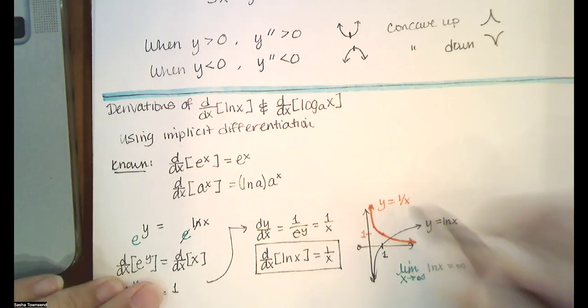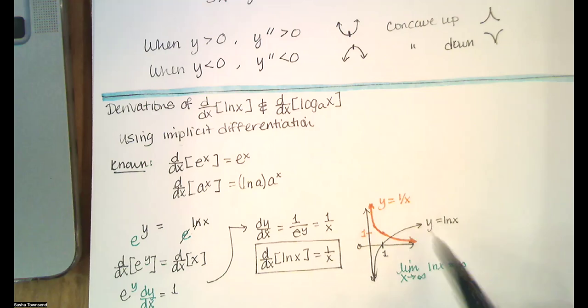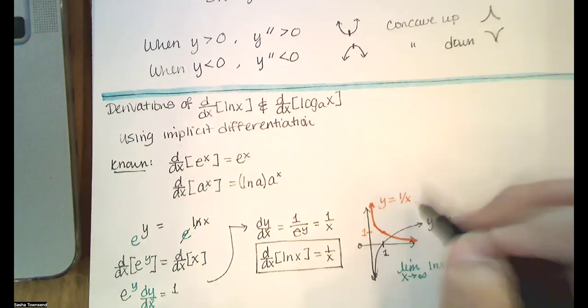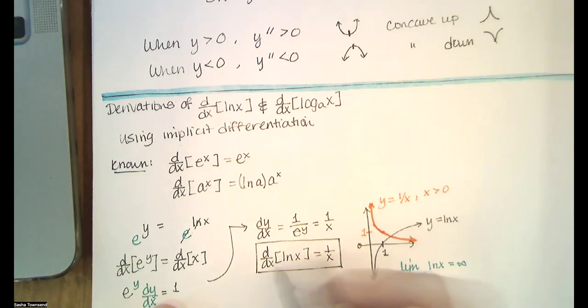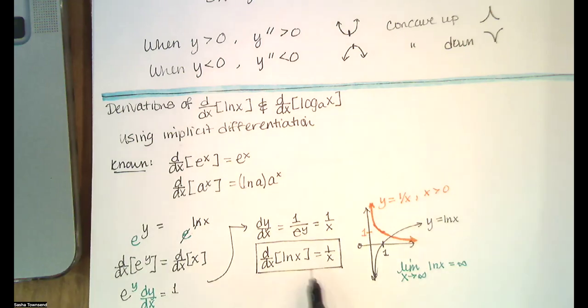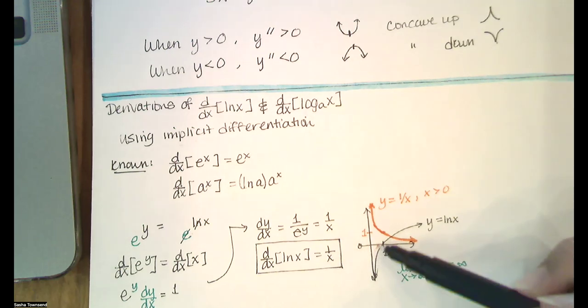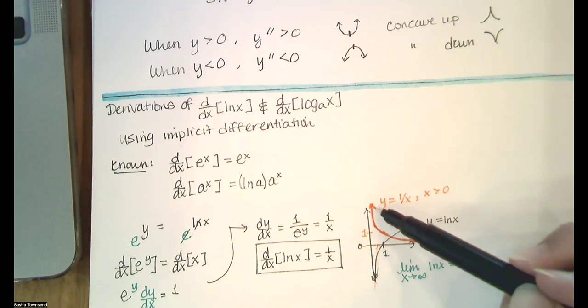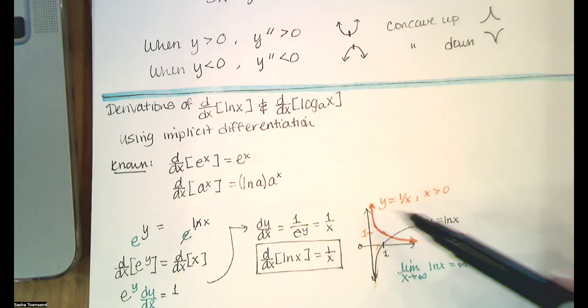If I'm just looking at the part of y equals 1 over x that is for x greater than 0, which is what we're interested in when we're talking about the natural log of x, that's the domain of natural log of x. We can see that the slope is very, very large and positive here, which is consistent with the function values on y equals 1 over x.